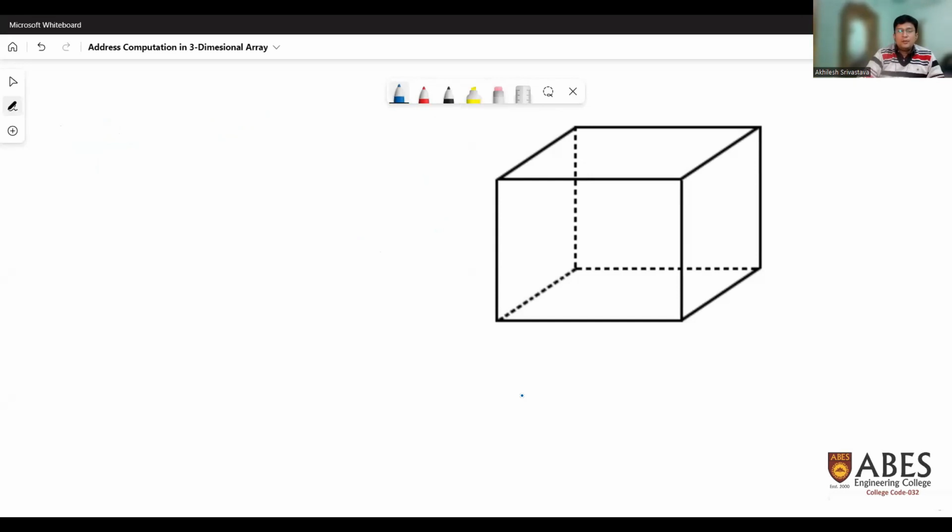Now, the structure of the three-dimensional array can be correlated with a cuboid-like structure, wherein there are three different dimensions.